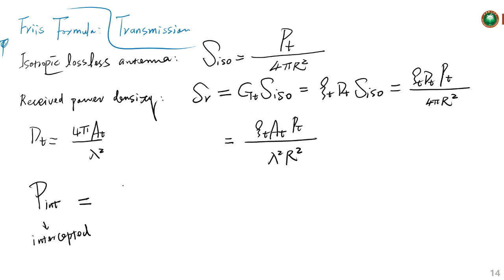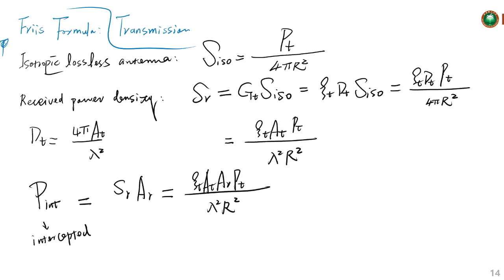This should equal the power density times the area of the aperture, right? The area of the aperture. So it equals psi t At Pt divided by lambda squared and r squared here.